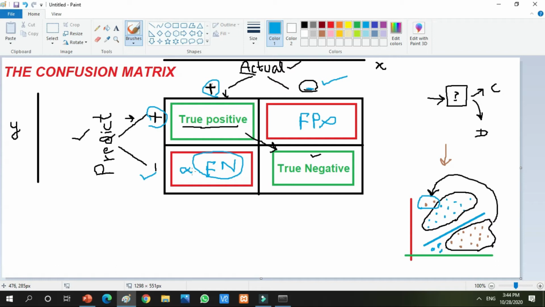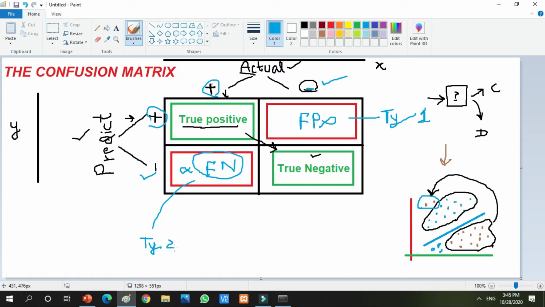I hope you have a better and proper understanding of true positive, true negative, false positive and false negative. False positive is also known as type 1 error. And false negative is also known as type 2 error. So these are the names of the errors, and you also know these are wrong predictions.